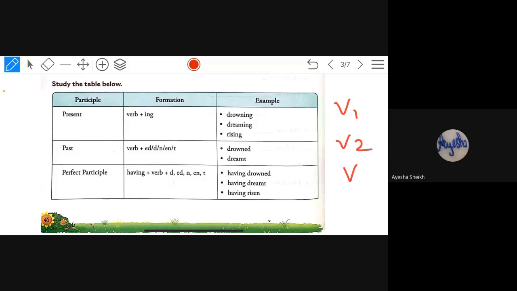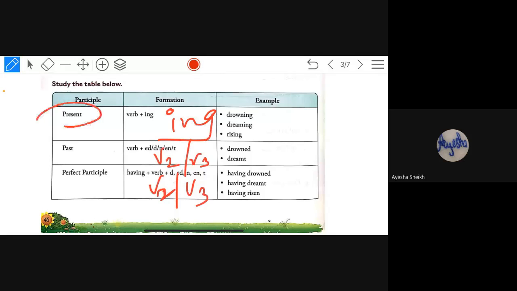So when I say V2, it means you have to use the past tense. Here it is V2 or sometimes V3. V2 or V3 could be there over here. Same way over here also, V2 or V3 will be there, the second form or the third form of the verb. Here only ing is there. In the present participle only ing is there. Now understood?